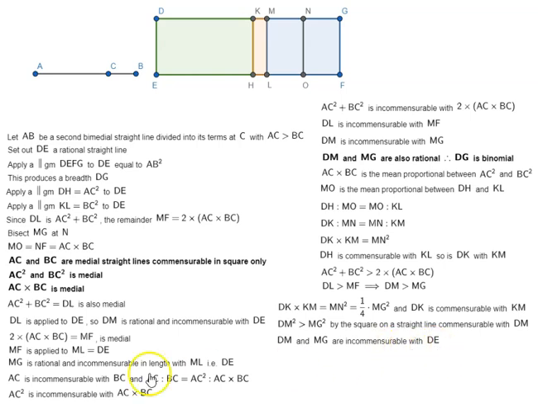Where did we show this? Here, if you notice, DM is incommensurable with MG and DM is incommensurable with DE. So we can say DM and MG are incommensurable with DE. That means DG is a third binomial straight line.